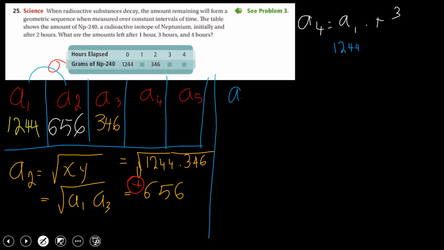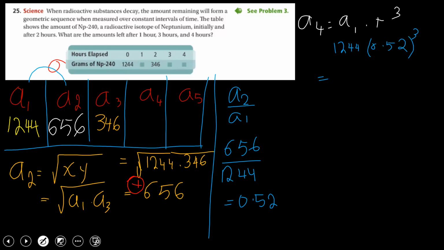So if you divide a sub 2 over a sub 1, that means 656 over 1,244. The answer is, or r is 0.52.